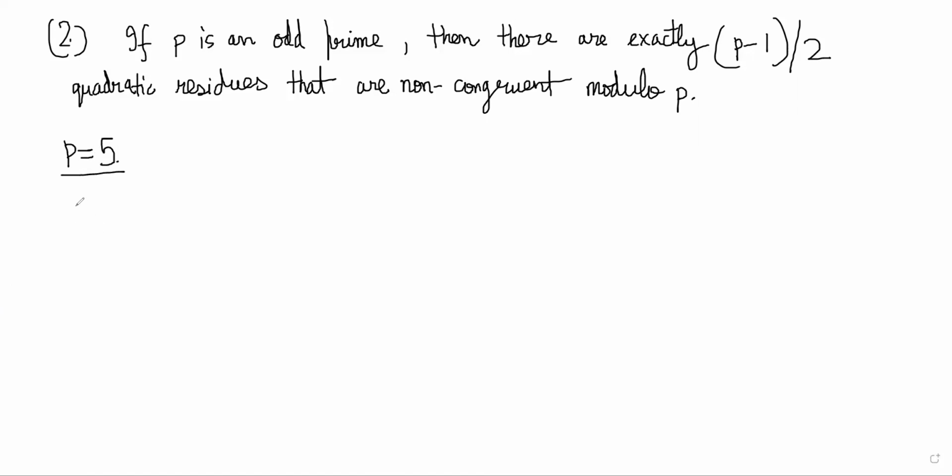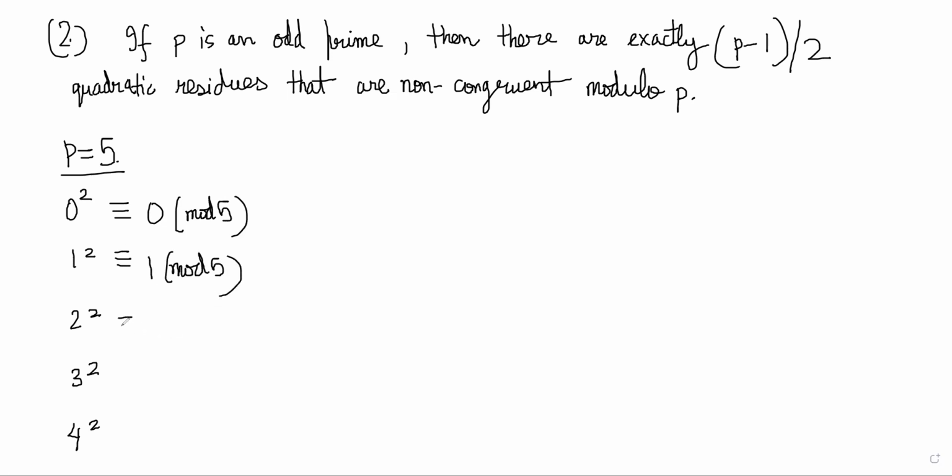Let's take all the numbers 0, 1, 2, 3, and 4 and let's square them. We are getting 0 here. All of the calculations are being done mod 5. We are getting 1 mod 5 here, 4 mod 5 here, 9, which is also 4 mod 5, and again 1 mod 5.